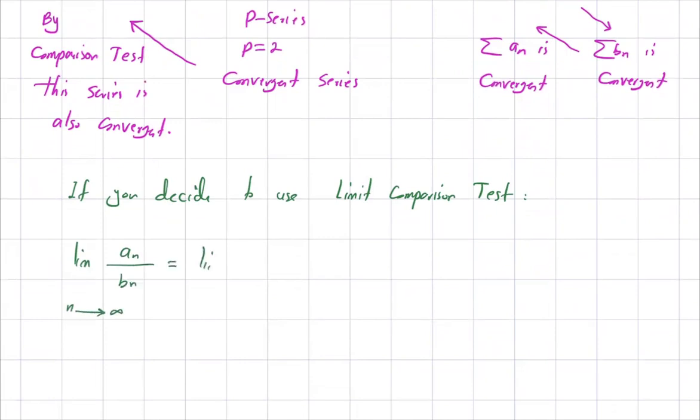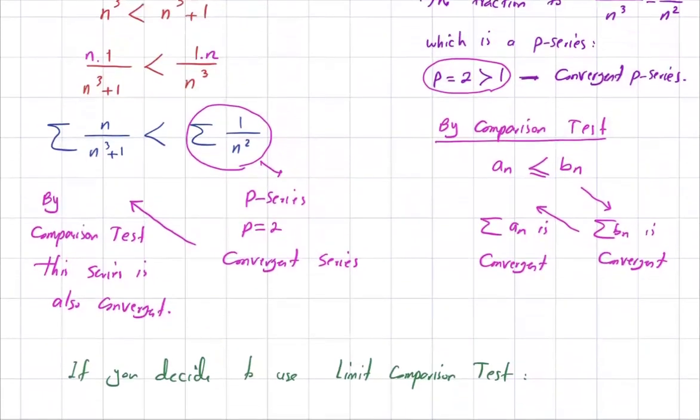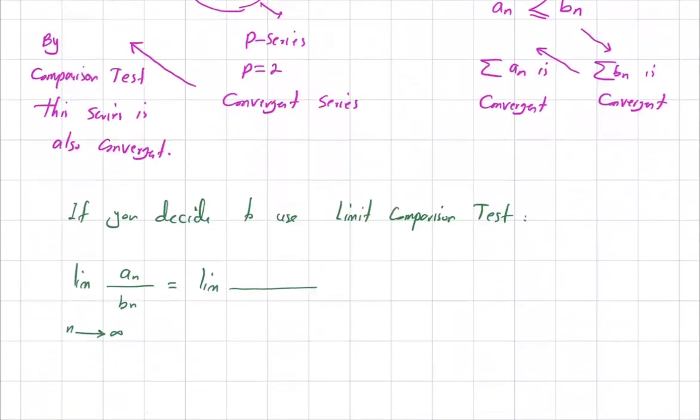Suppose your an is the exact same general term that you're using for this series, which is n divided by n cubed plus 1. So on the numerator, you have n divided by n cubed plus 1, and on the denominator, use the p-series 1 over n squared as n goes to infinity.